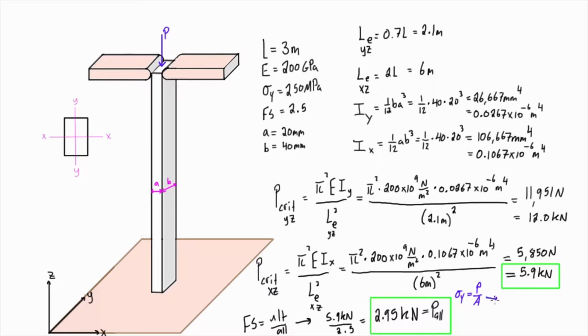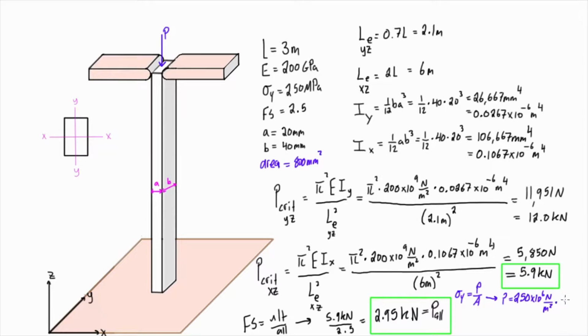So if we just rearrange for P, we're going to get our yield stress, which is 250, so we have 250 times 10 to the 6 newtons per meter squared, times 800. Well, I should write it up here: the area is equal to 20 times 40, so that's 800 millimeters squared.